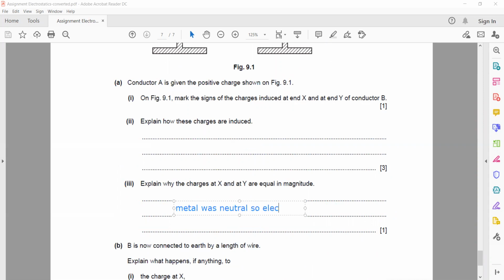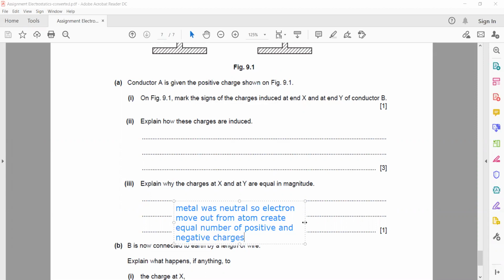So when electrons move out from atoms, they create an equal number of positive and negative charges.